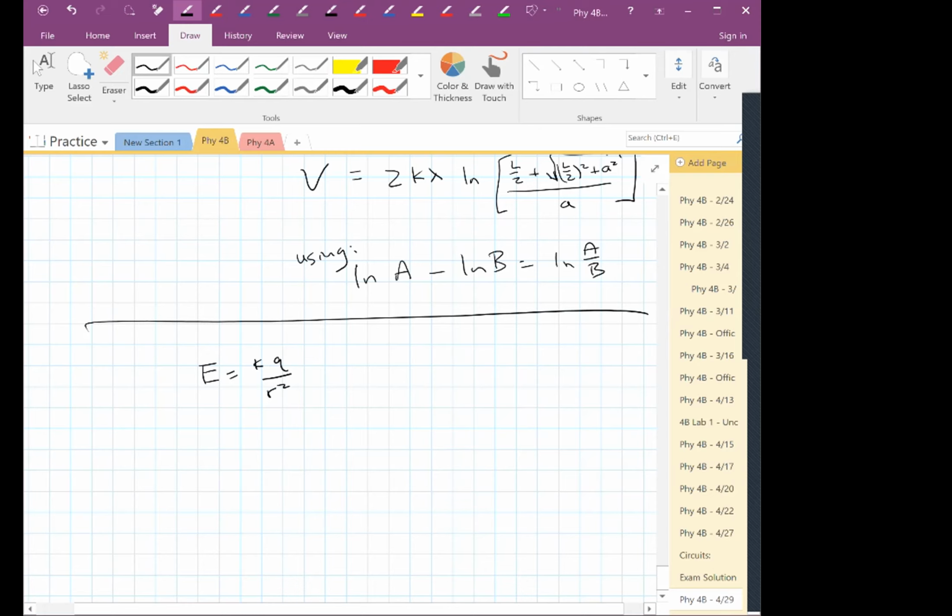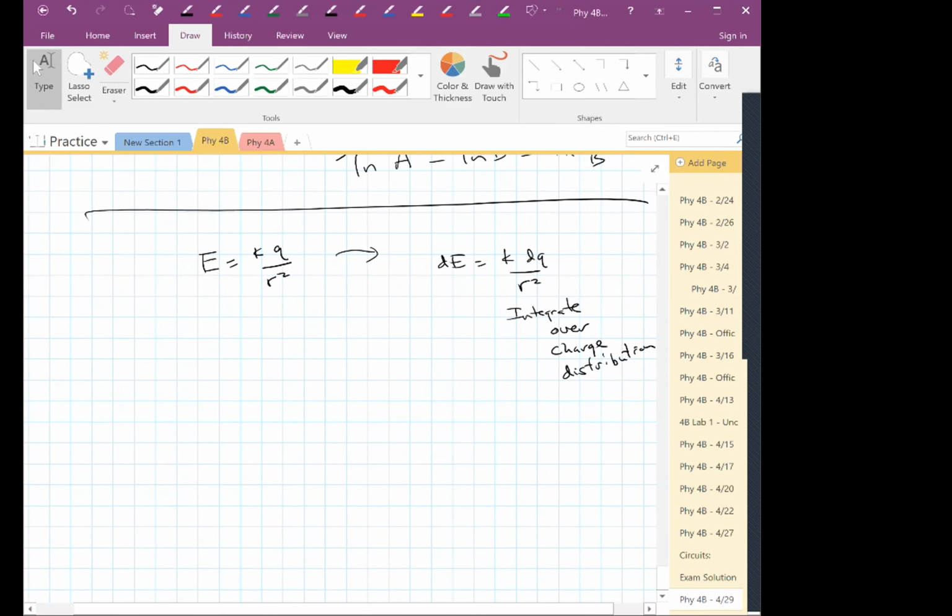And then we said from a charge distribution, we can treat each little element dq like a point charge, and then we can integrate over the charge distribution, right? And we just did that with electric potential.